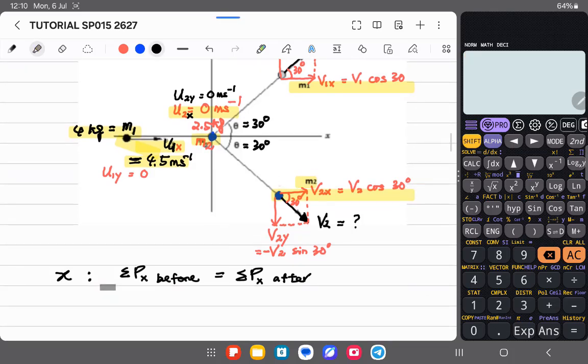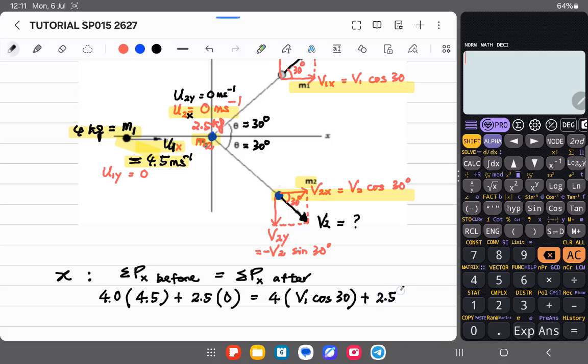So we are going to have the mass is 4 kg for m1. The initial velocity along x direction is 4.5 plus the mass for the second ball is 2.5, but before collision is not moving, so 0. After collision, ball 1, 4 kg is moving with a velocity v1 cos 30 along the x direction, plus ball 2 is 2.5, move at a velocity v2 cos 30 along the x direction.